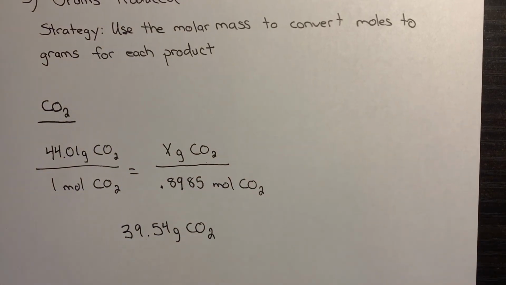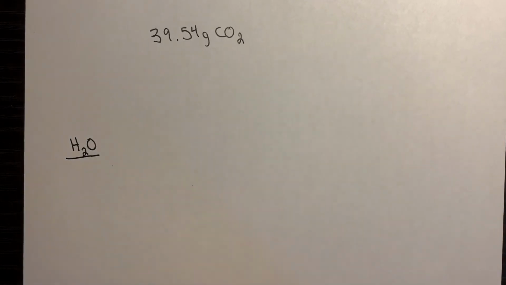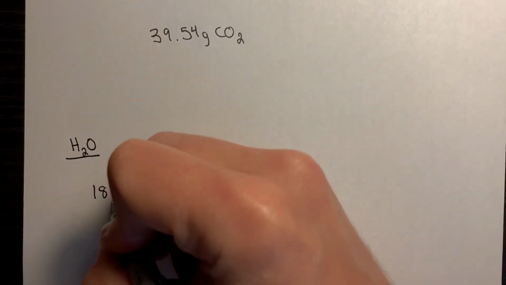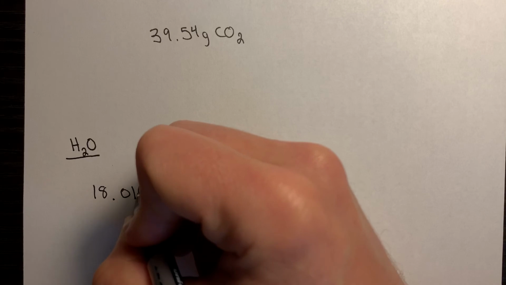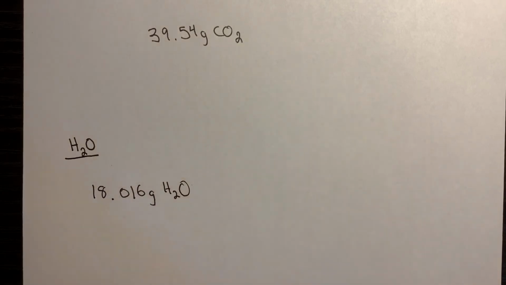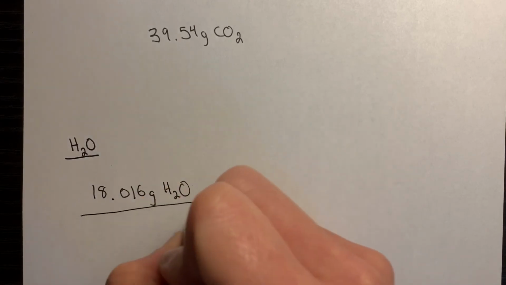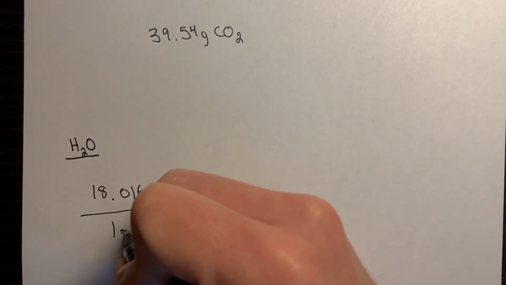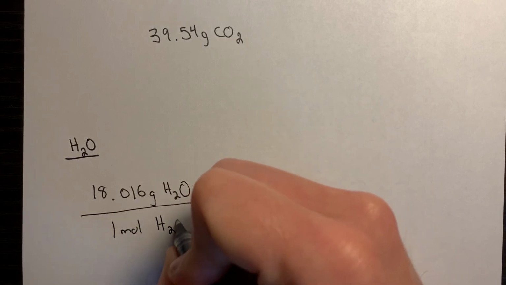Okay, I'm going to do the same thing for water. At some point, water is probably just going to be a molar mass that, because you've looked it up or solved for it so many times, you'll probably end up committing it to memory. 18.016 grams of water per 1 mole of water. Again, that is the molar mass.